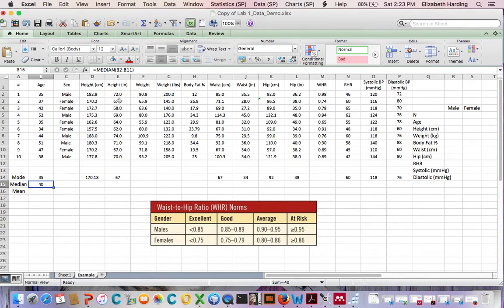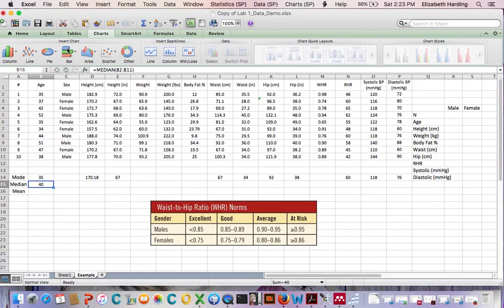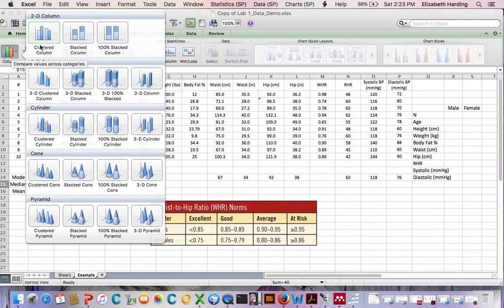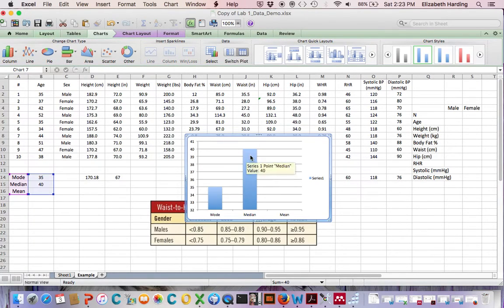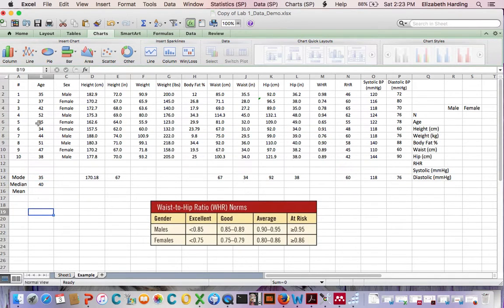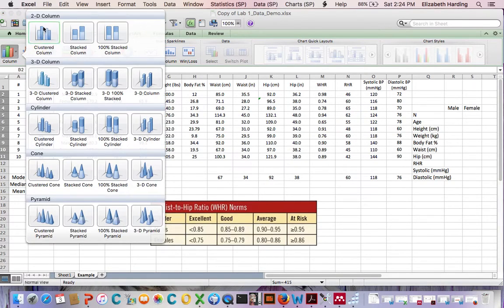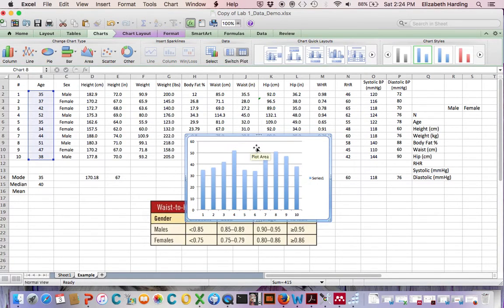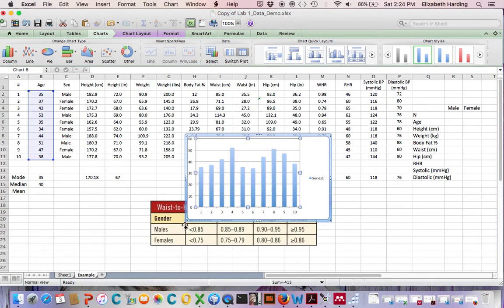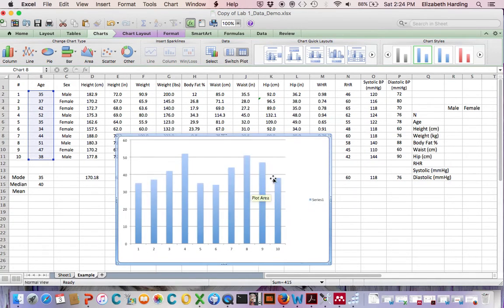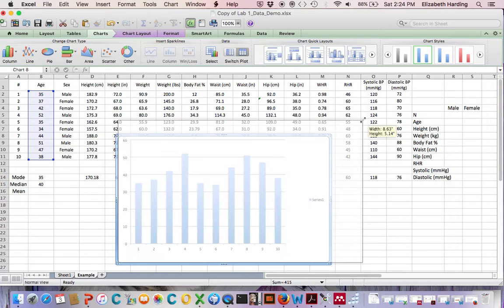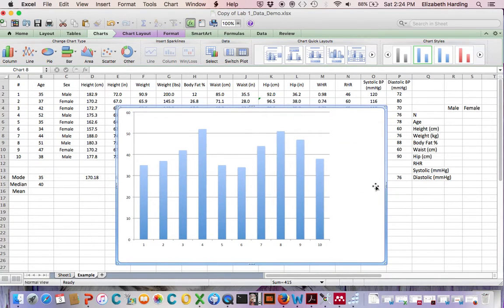And this is very easy to see, or a lot more clear, if we were to say graph it. So let's just look at a column chart, see how that turns out. Oh, that's not what I wanted. Let's do it this way. We're going to select that row of data, find a column chart, and there you go. All right, so not very large here. We can lose that.